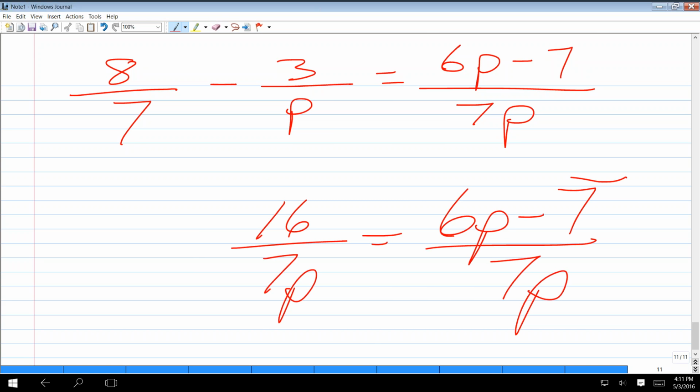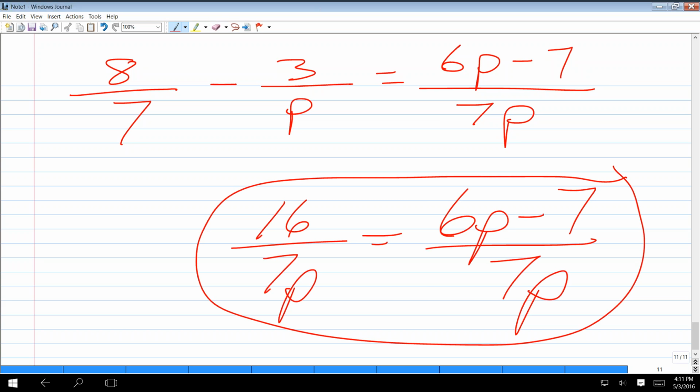Well, when you end up with that, what statement can you make now? Now you can cross multiply. Well, you don't need to. That would be a lot of algebra that you'd have to then simplify. The fact is if they both have the same denominator, then their numerators have to be equal. So the statement you can make is that 16 would have to be equal to 6p minus 7, which makes the problem a lot easier.